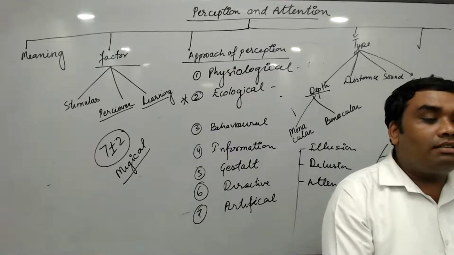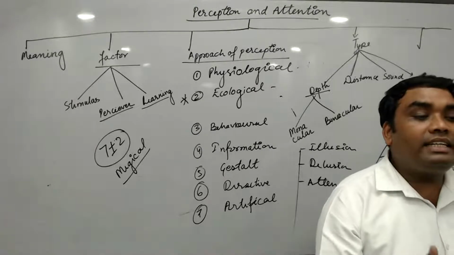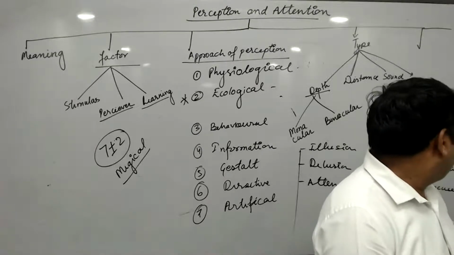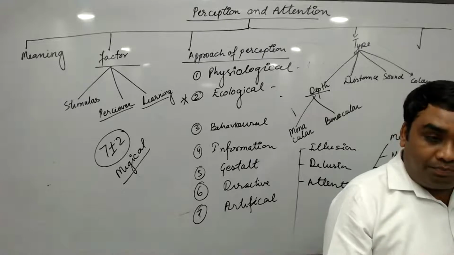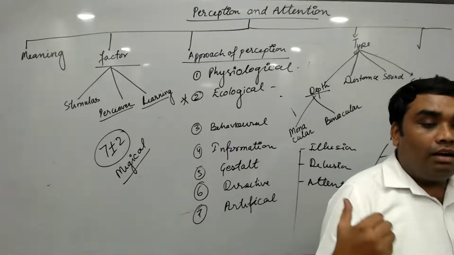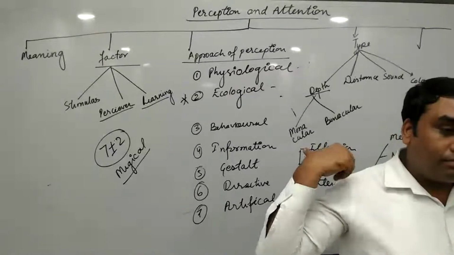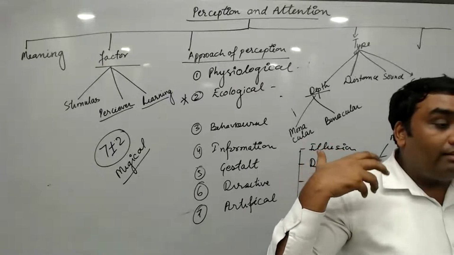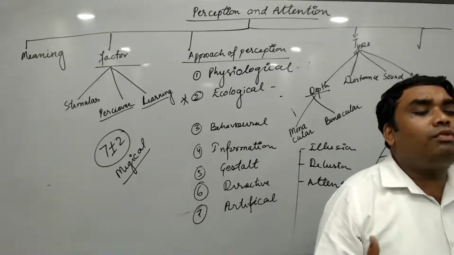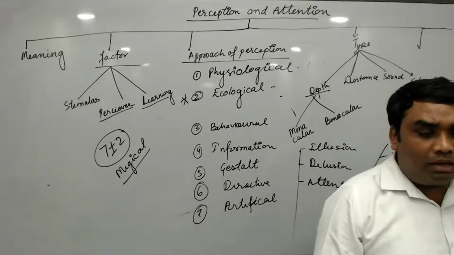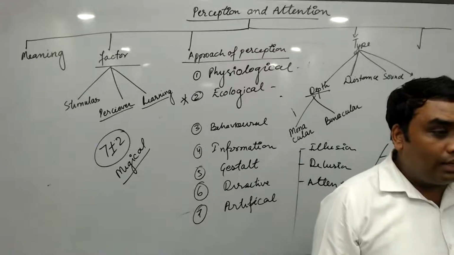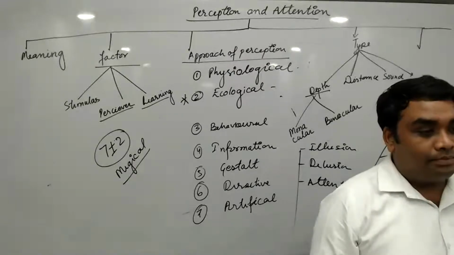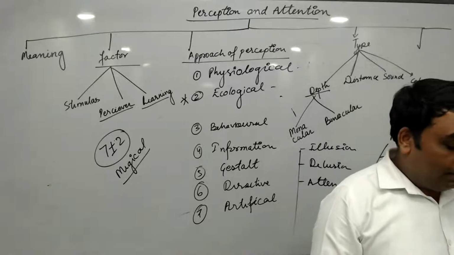Their major work is that they developed different types of attention, like sustained attention, selective attention, and other concepts like perception and its principles. A lot of work has been done. I think now I don't need to tell you what their main work was. Right?